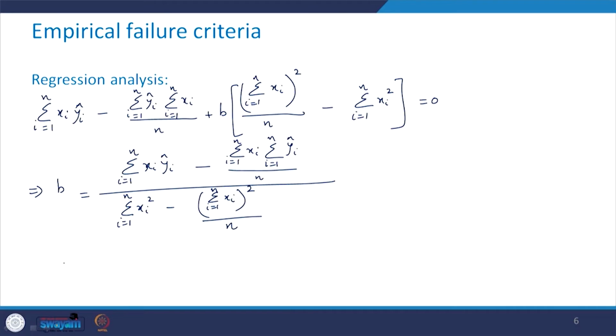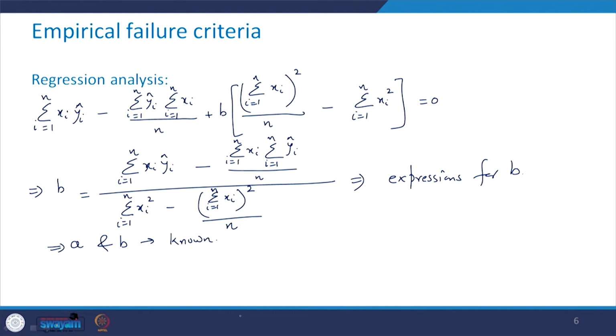So this is how we can obtain the expression for b, and for a we have already obtained. So now we know a and b, they are known to us.